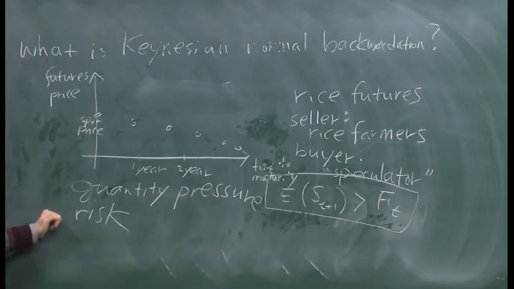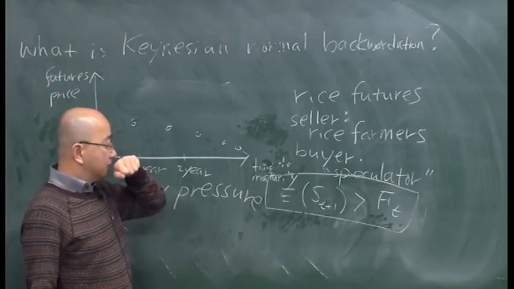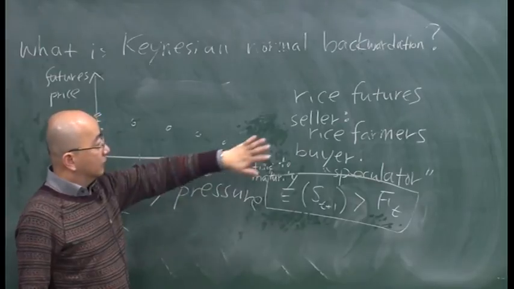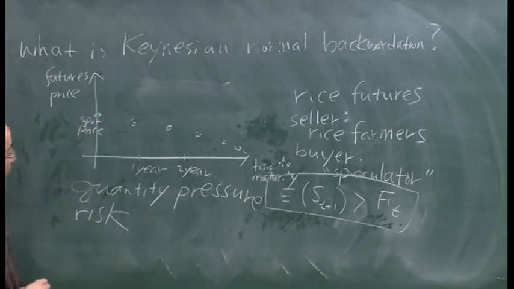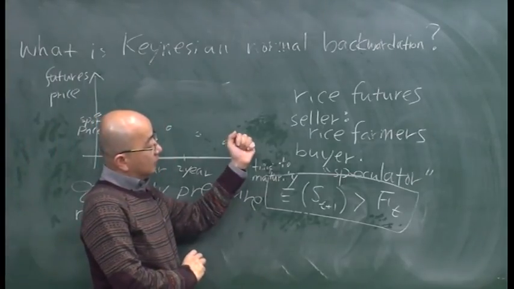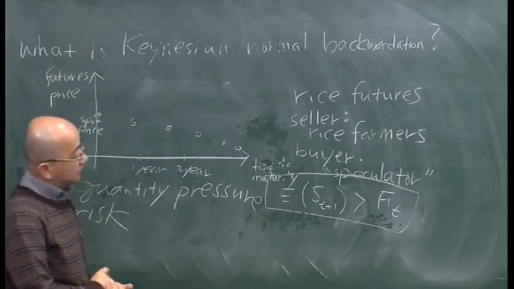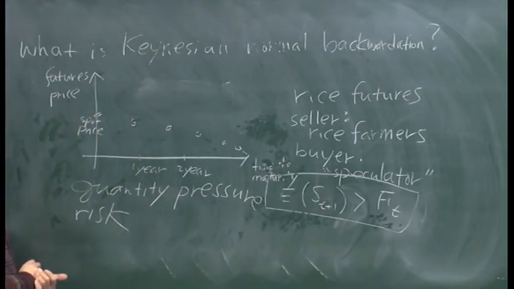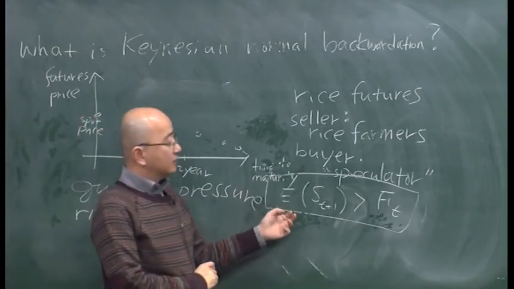Or some others interpret Keynes' idea in terms of risk. Here, these people want to get rid of risk, but these speculators, they do take risk because this is just the expected price.